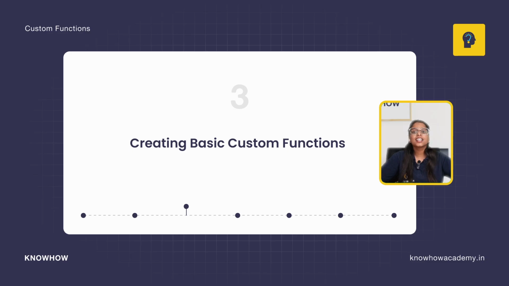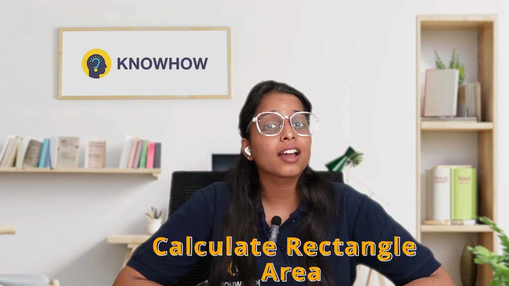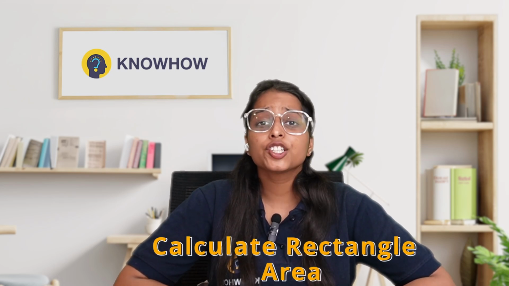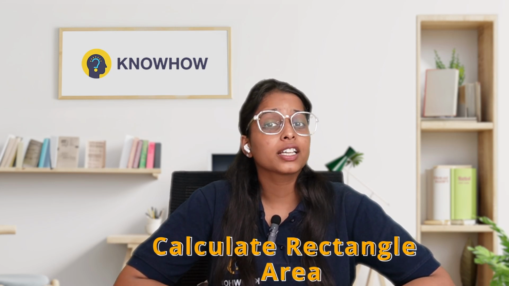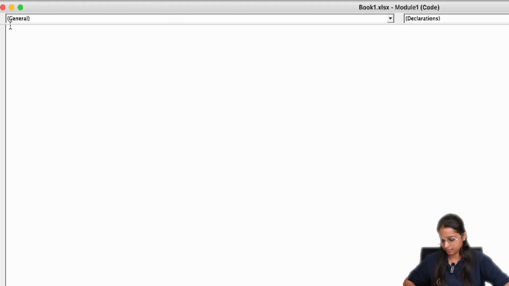Now let's create some simple functions to get started. Example 1: we'll create a function to calculate the rectangle area. This function will calculate the area of a rectangle. How can we write it? We'll write Function, then we'll name it. I'll name it RectangleArea.